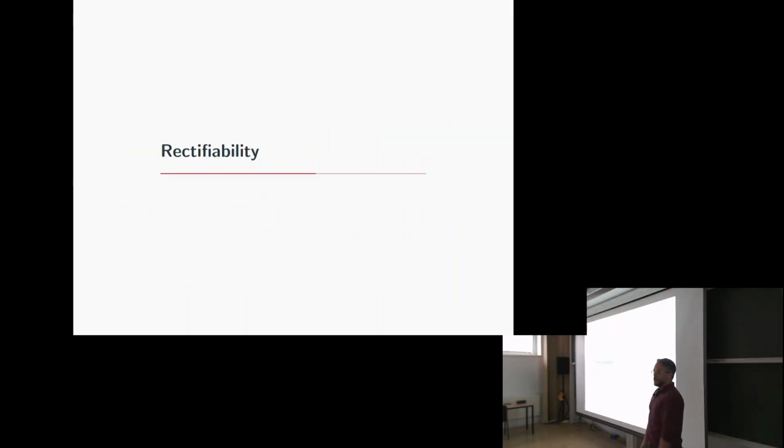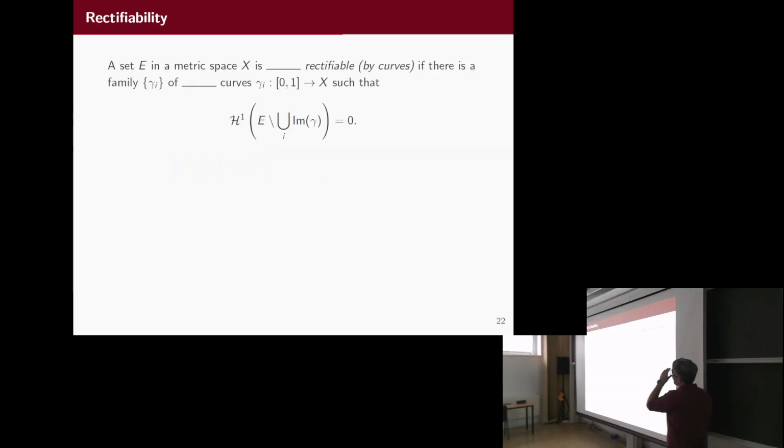All right. So let's talk about something that is of interest, I hope, to geometric measure theorists and geometric analysts: this idea of rectifiability. And what can we say about rectifiable sets in Carnot groups based on the results that I've just discussed? So we're going to say a set in a metric space is blank rectifiable by curves.